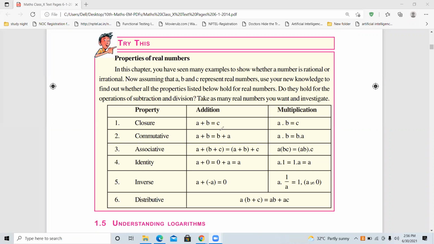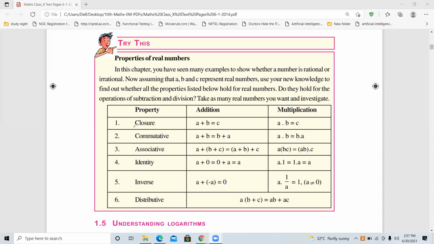In the previous class, I explained the proof that root 2 is an irrational number. In this class, we are going to learn the other topics in real numbers. Before going into the other topics, let us have a brief look at the properties of real numbers.